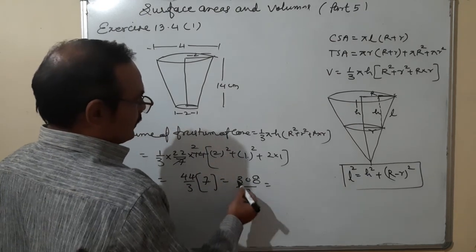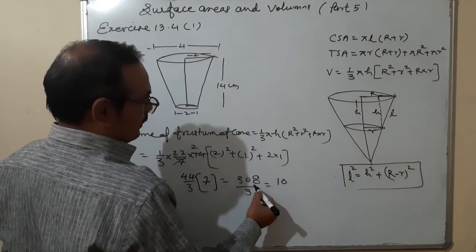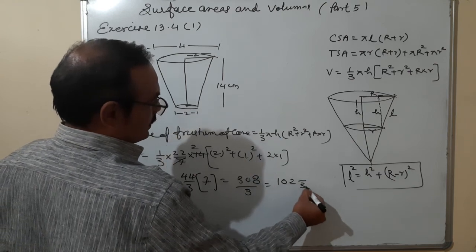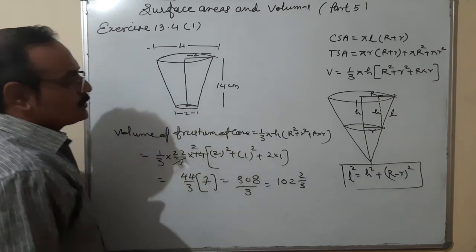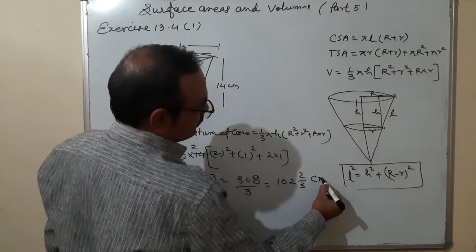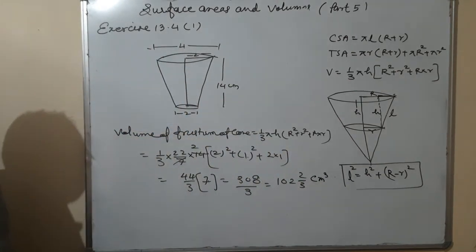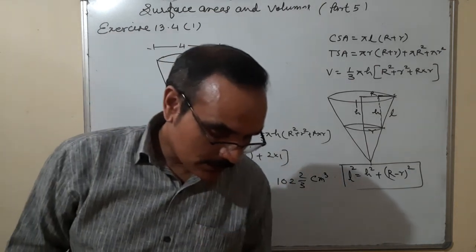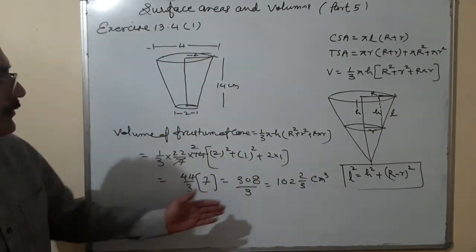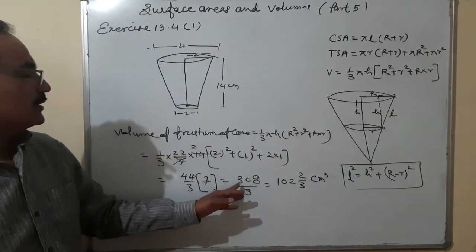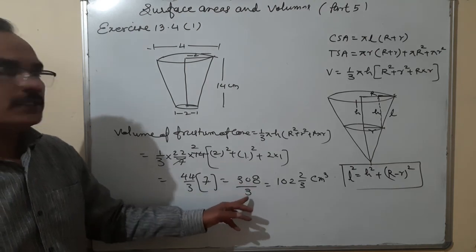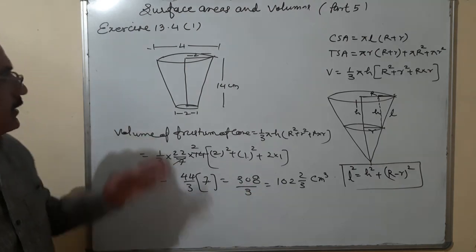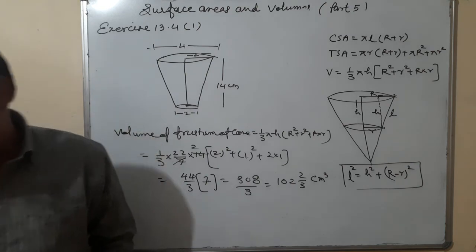And 308/3, what does it mean? 102 whole 2/3 centimeter cube. Okay. And they are asking what is the capacity of it. So if you want to convert into liters, we'll have to divide it by 1000. So it is coming 308/3000 liter. Okay. So this is question number 1.